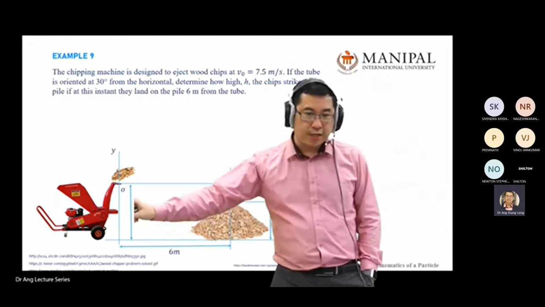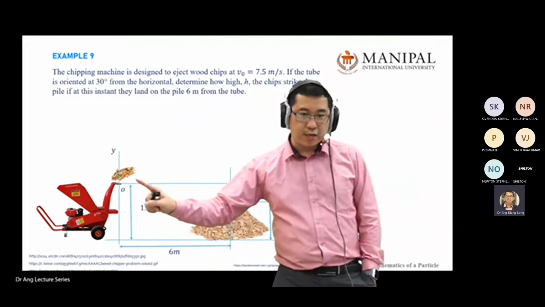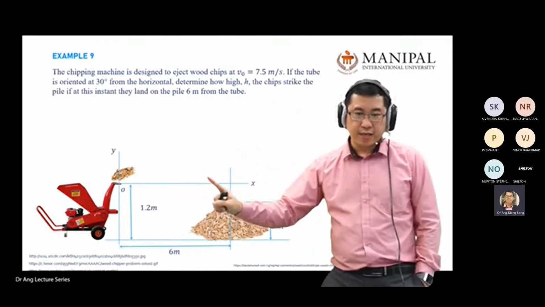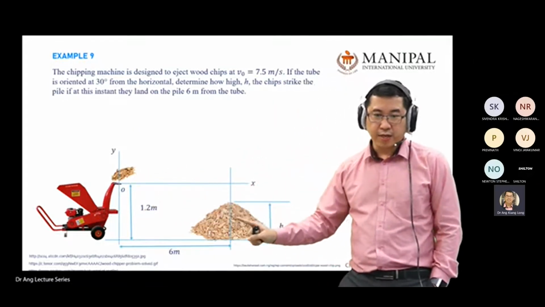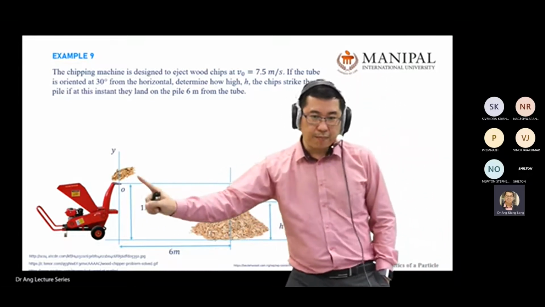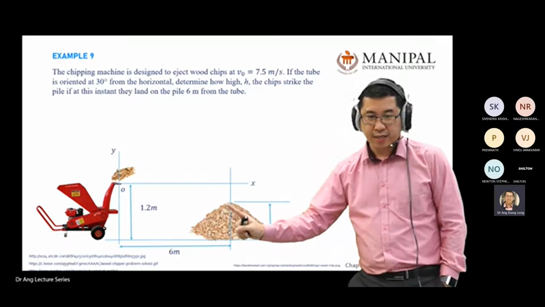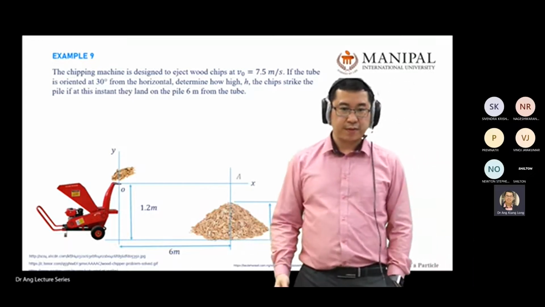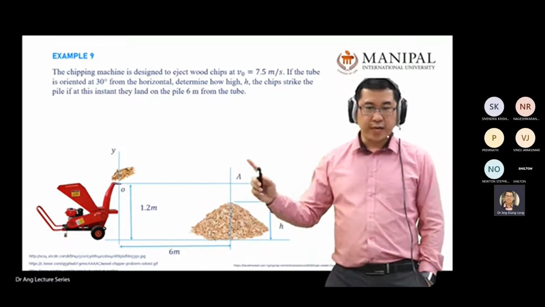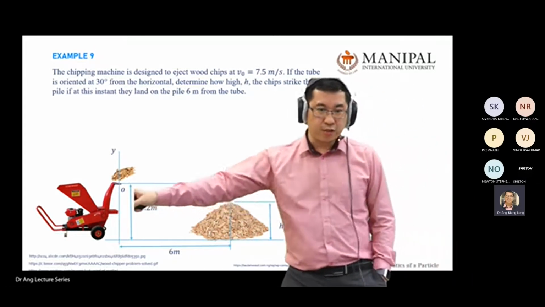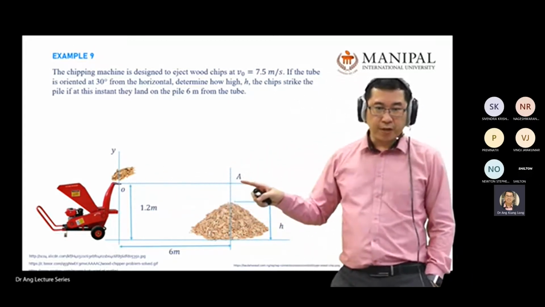You imagine, this one, you shoot from 30 degree and it strikes over here, right? You go up 30 degree and it strikes here. I draw the point A just to show that this point A is horizontal to the mouth of your output.